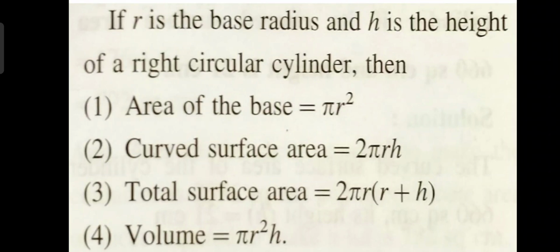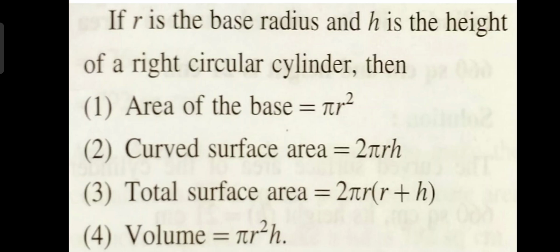Students, we shall study about the right circular cylinder. If r is the base radius and h is the height of a right circular cylinder, then the area of the base is equal to pi r square, which is also the area of a circle.